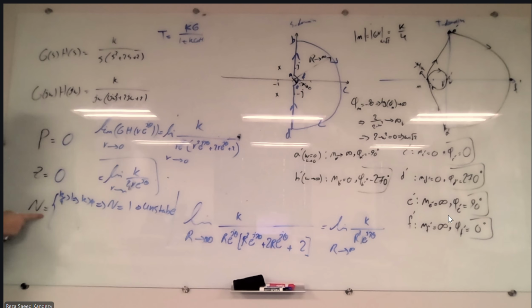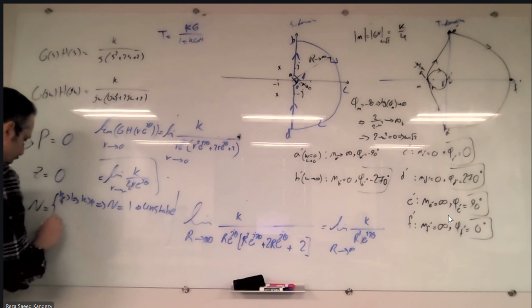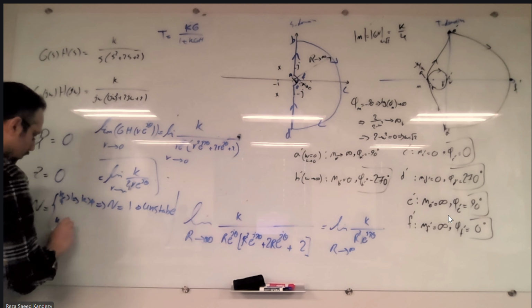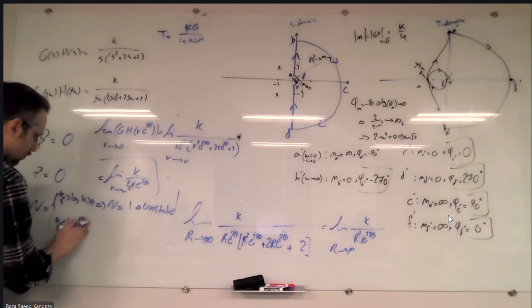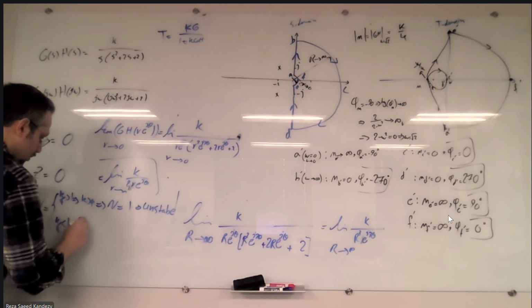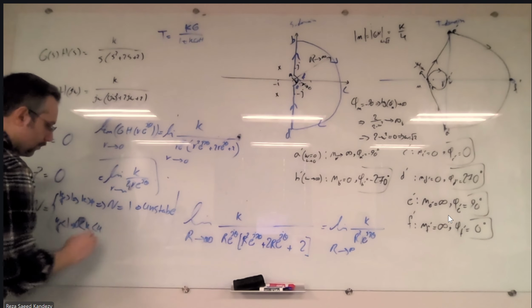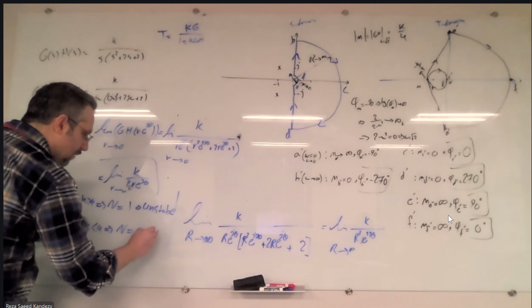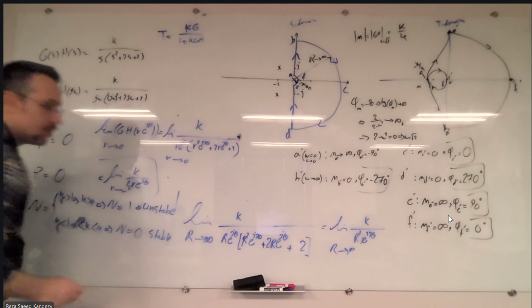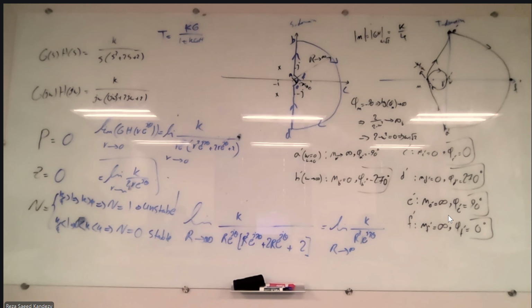If N is 1, then our system is unstable. If K over 4 happens to be less than 1, which means K is between 0 and 4, then N becomes 0, so we have a stable system. Are we good?